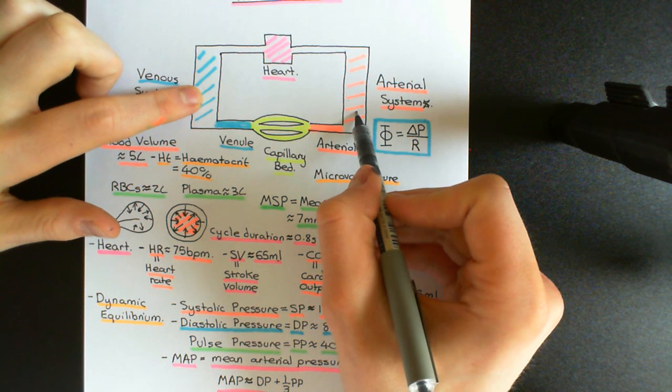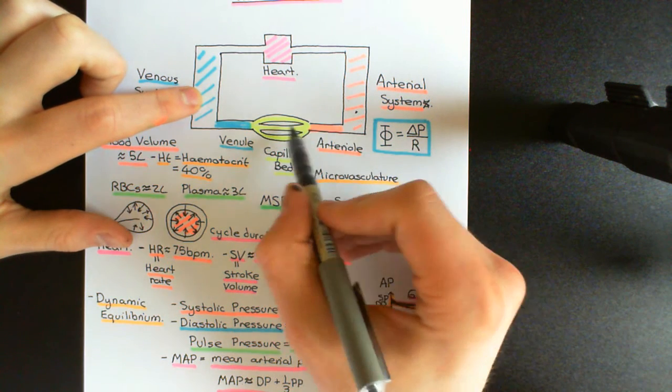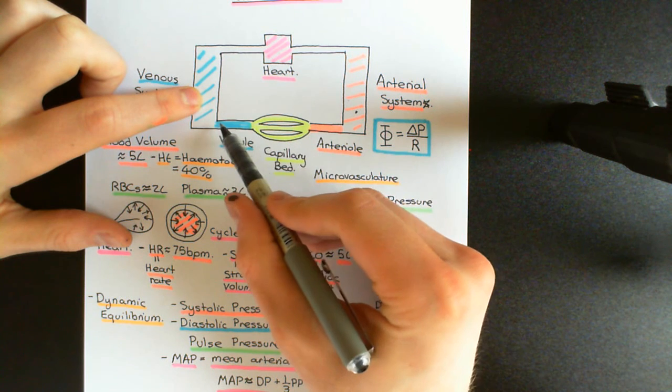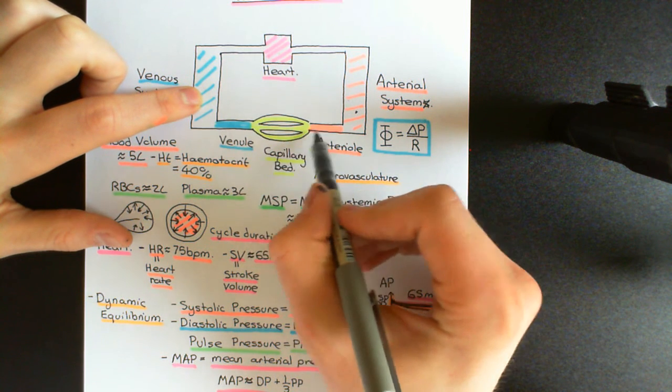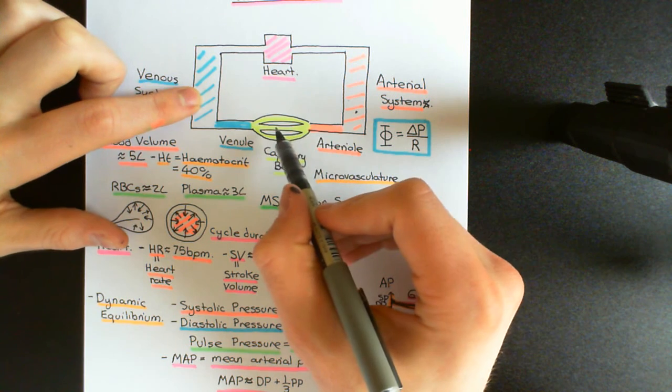If you keep mean arterial pressure and mean venous pressure the same, then you'll always be getting the same amount of blood flowing through this microvasculature network at that specific portion of brain, and therefore that specific portion of brain will have a constant perfusion.